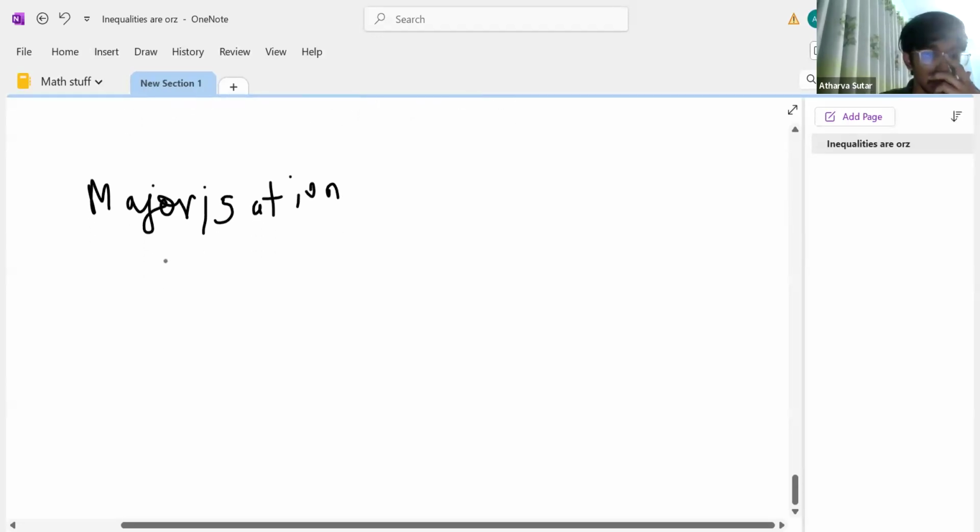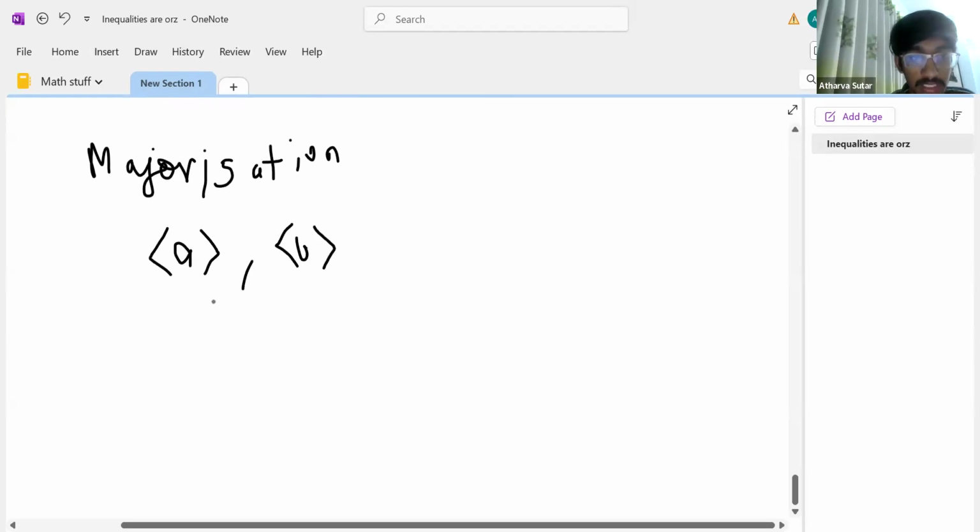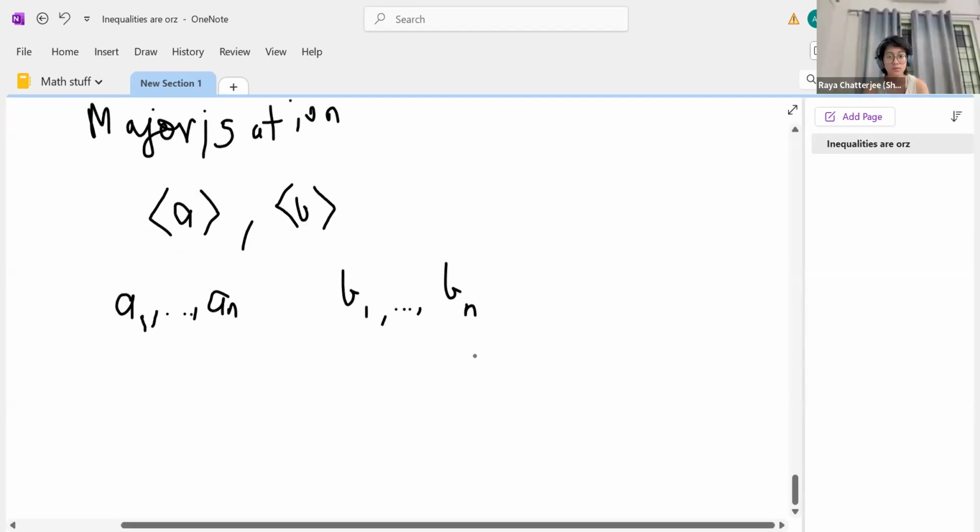If you have two sequences, denoted like this, A and B, such that both of these sequences have n terms. You have A1 and so on till An, and you have B1 and so on till Bn. Finite sequences. Yeah, finite.